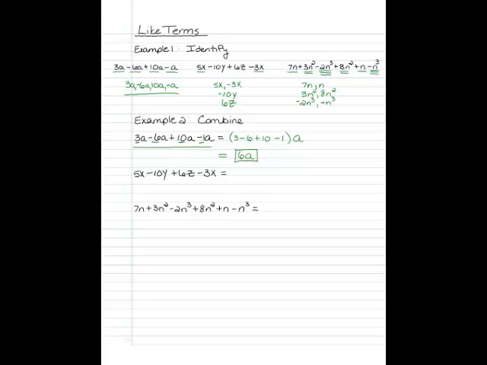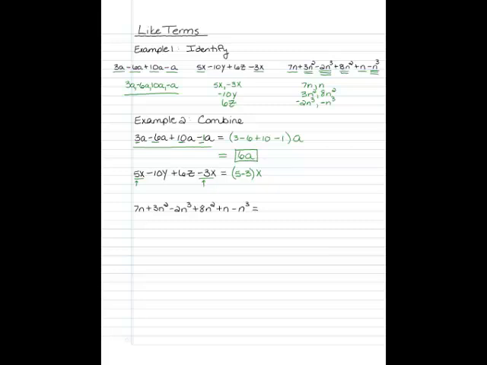Now this next one, we had the 5x and the negative 3x were like terms, so those can be combined. So the coefficient here was 5, the coefficient here was negative 3, those were x terms.